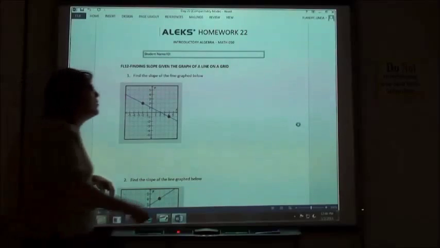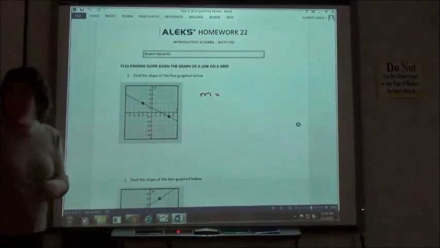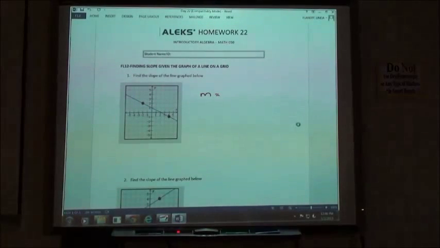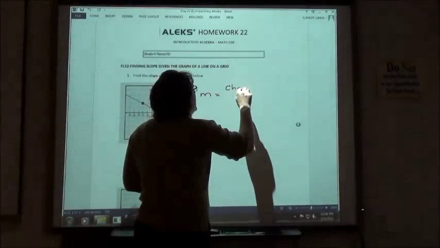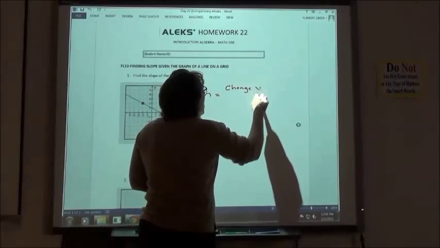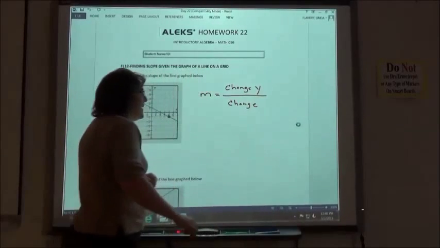So what they're going to tell you here is that, first of all, the symbol M is the symbol for slope. Makes no sense, but that's what it is, and that's why we have y equals mx plus b. M stands for the slope, which is the change in the y over the change in the x.